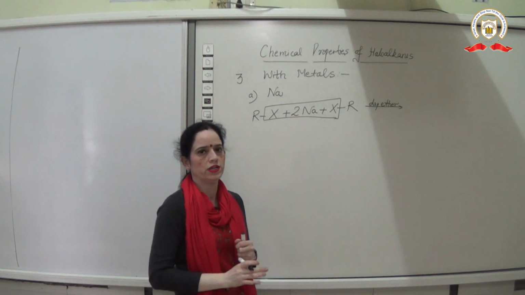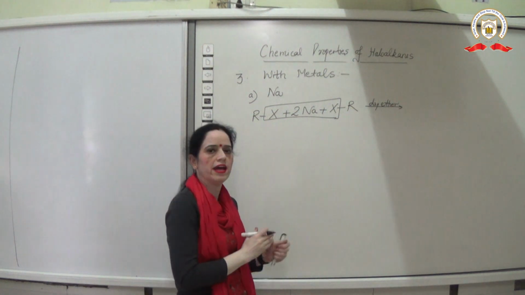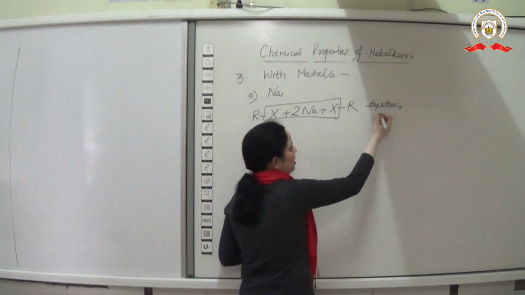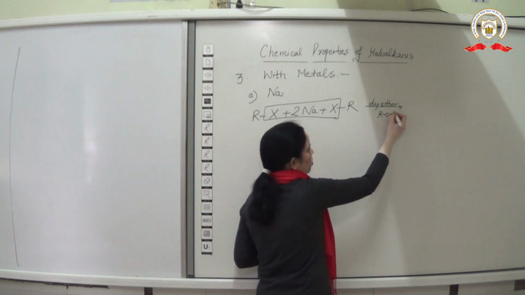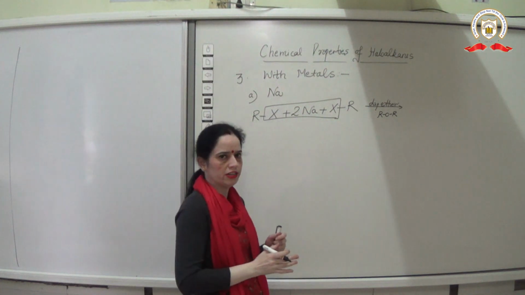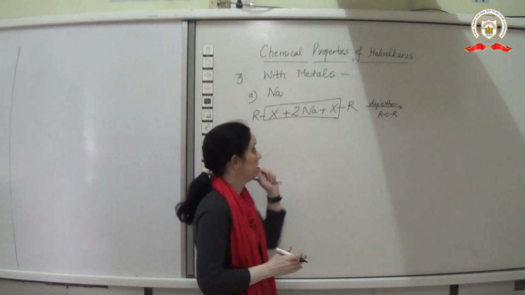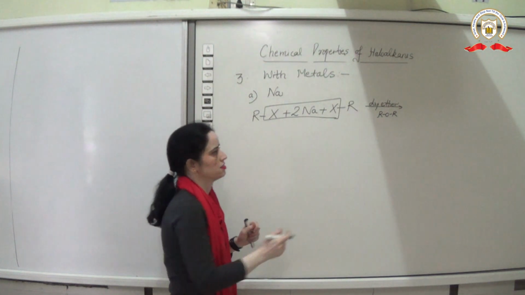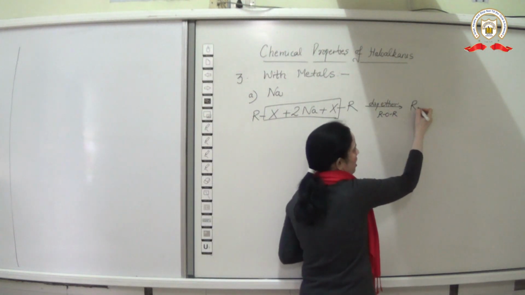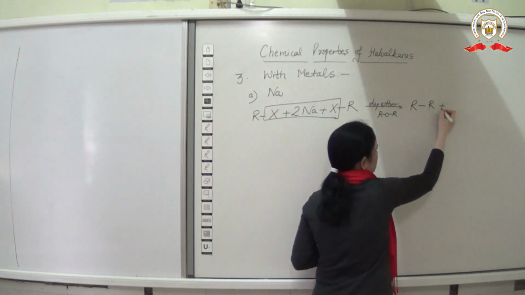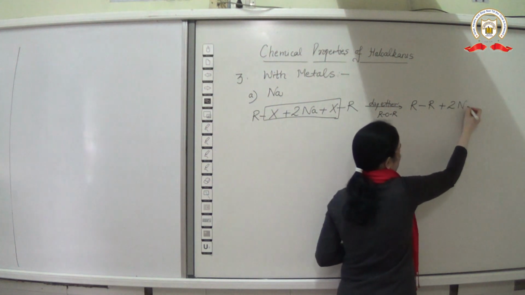A number of times what happens is the teacher is not writing dry ether, they are writing ROR. So don't get confused, ethers are also represented as ROR. So what you are getting now is R bond R plus 2NaX.